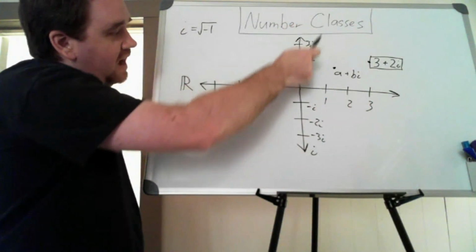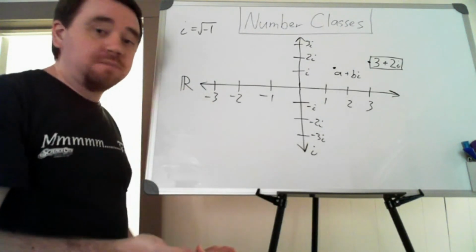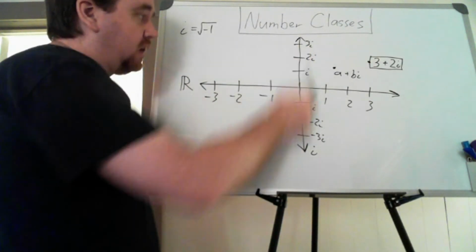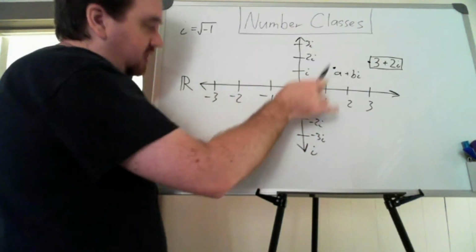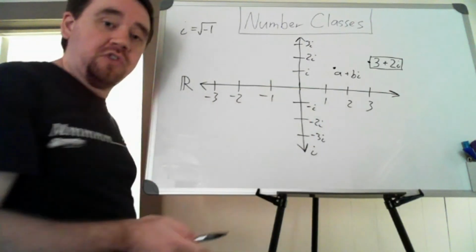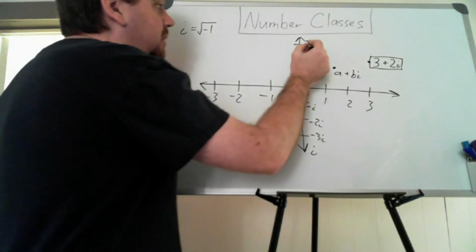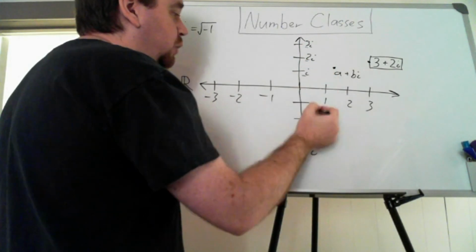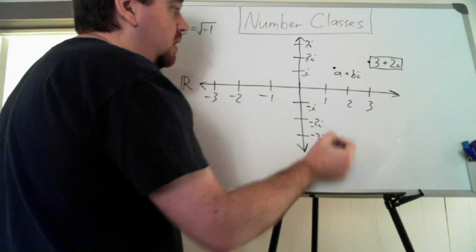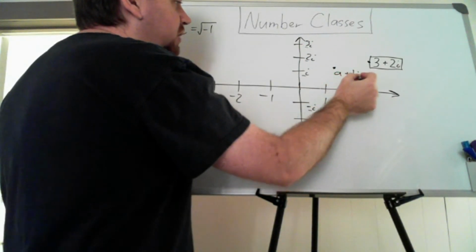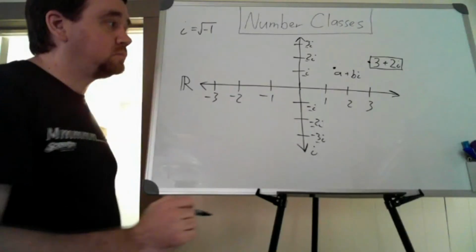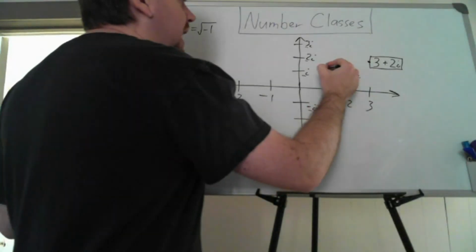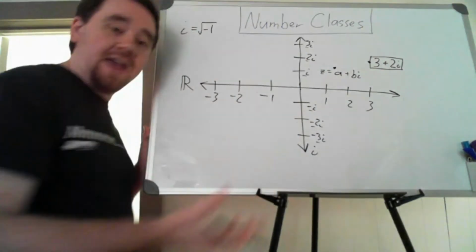If I were to remove the i's on this axis, it looks just like my real axis, doesn't it? It's just without i's. So this is 1, 2, 3. This is -1, -2, -3. There's 0. So really, I could think about these coefficients as all being any real number. And so it's real plus real times imaginary in a way. And we often denote that with a lowercase z, although we don't have to.